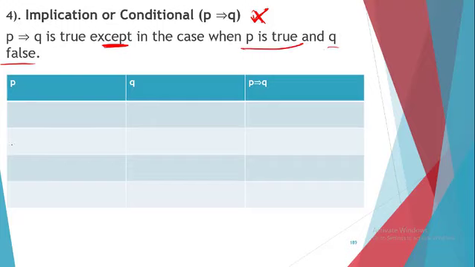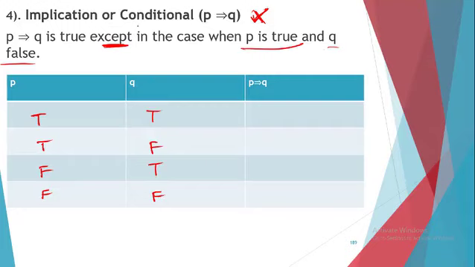Now every other thing here is true. So if we have P to be T, T, F, and F, and our Q is T, F, T, F.